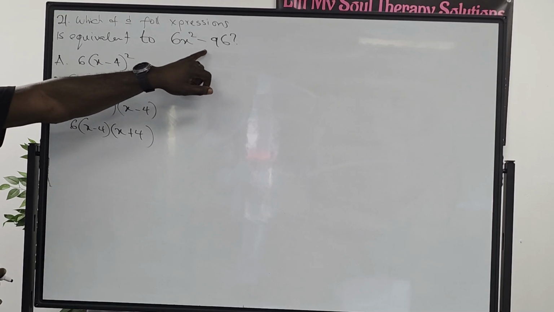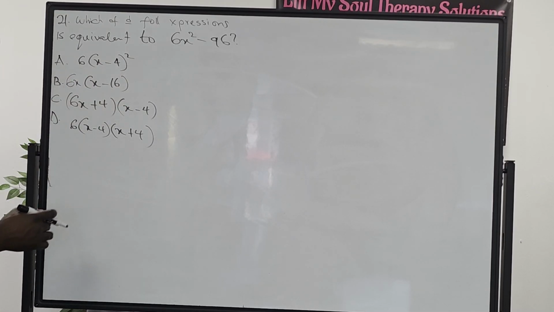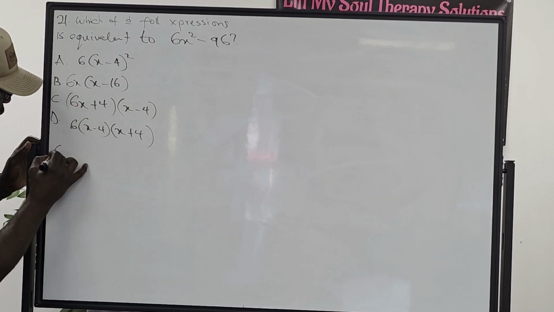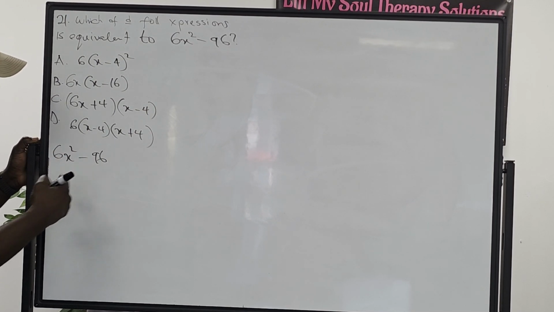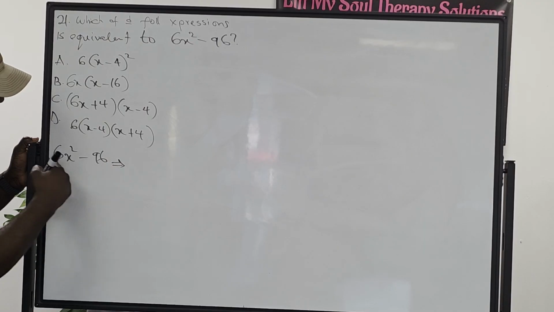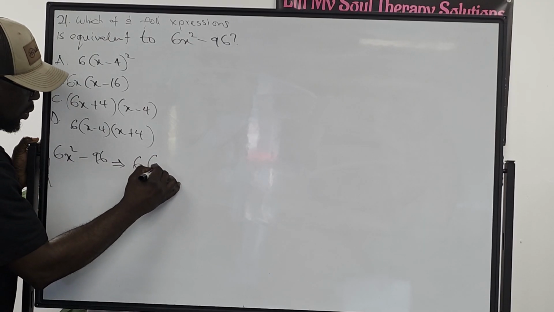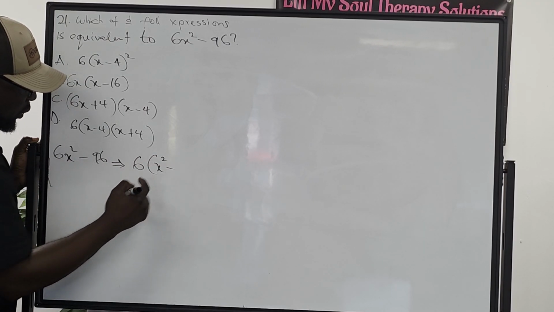First of all, let's figure out what this is. 6x squared minus 96. That's what we have. So we can rewrite this as 6 bracket x squared minus 16.